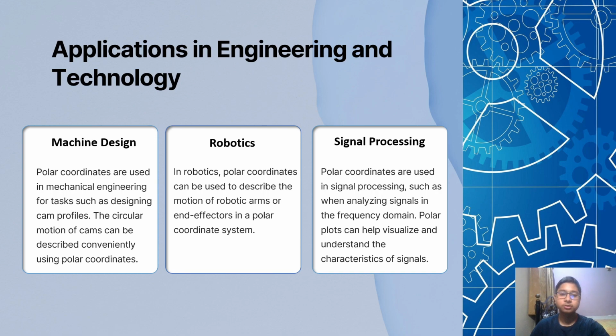In signal processing applications, they are employed to represent and analyze signals with sinusoidal components. For instance, in Fourier analysis, polar coordinates are used to describe the amplitude and phase of sinusoidal signals in the frequency domain.